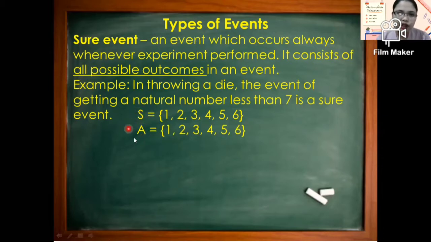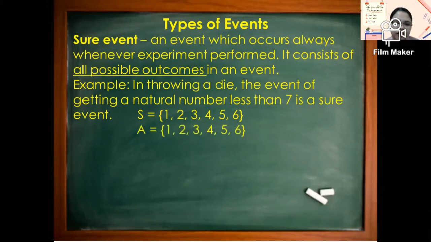Ito na yung tinatawag nating event. Ang hinahanap kasi, the event of getting a natural number less than 7, which is also called as the sure event. Kasi nga po, lahat naman ng kalalabasan, o lahat naman ng nasa sample space ay lumabas sa ating event, which is 1, 2, 3, 4, 5, 6. Okay?